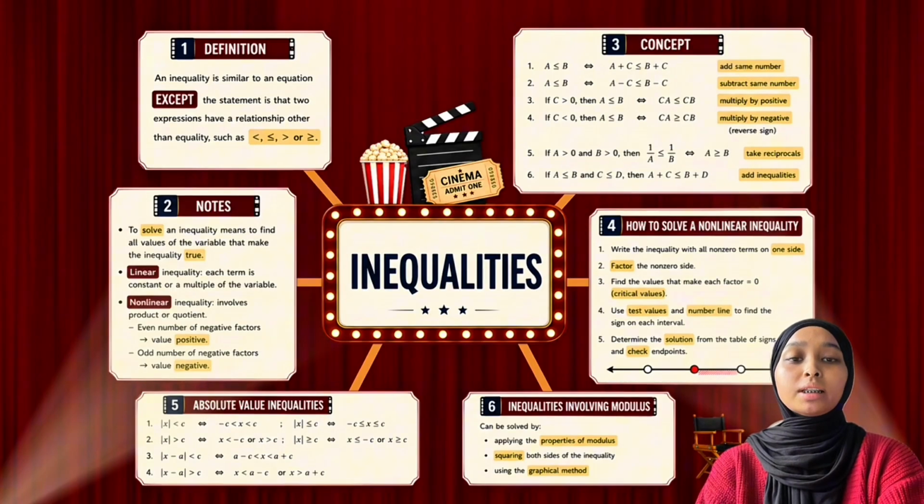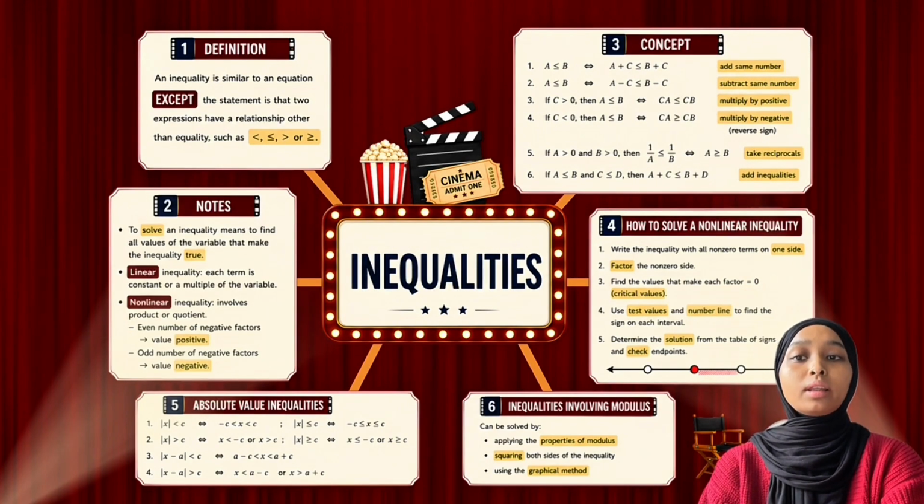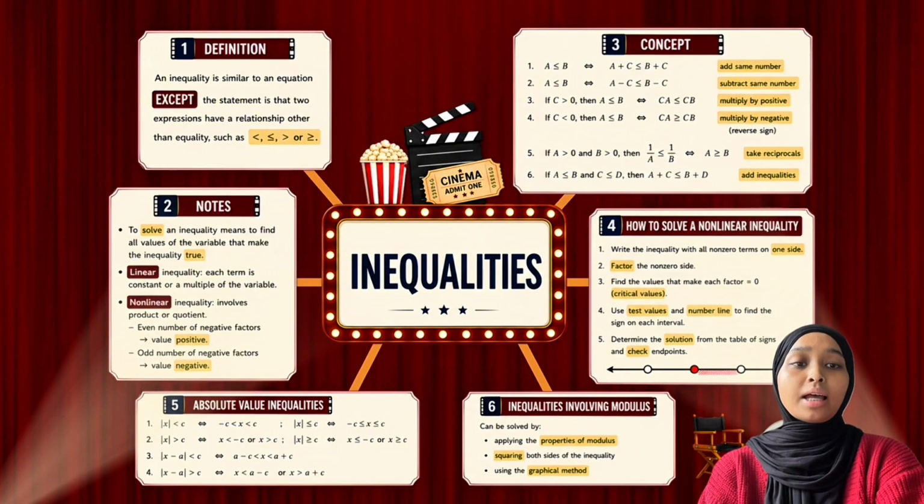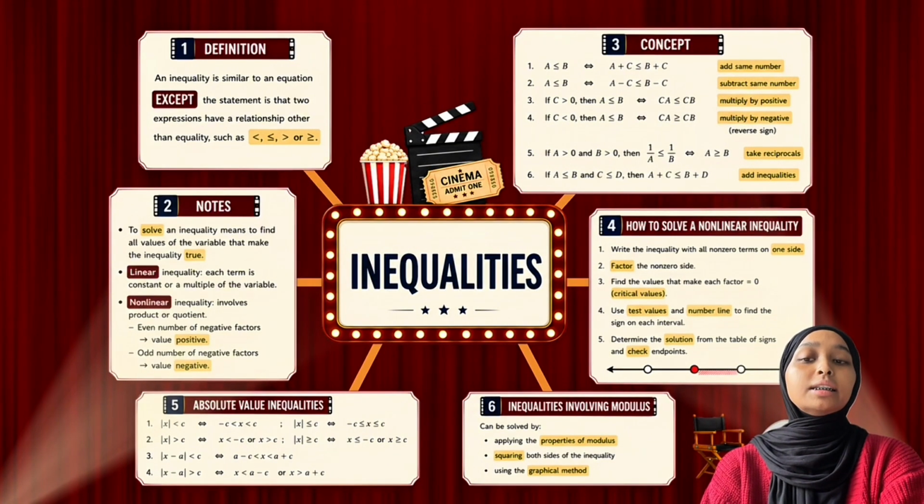There are two common types. A linear inequality contains a variable with power 1, such as 2x plus 3 greater than 7. A non-linear inequality may contain products, fractions, or variables with higher power, such as x squared minus 4 less than 0. Next, there are several important rules.